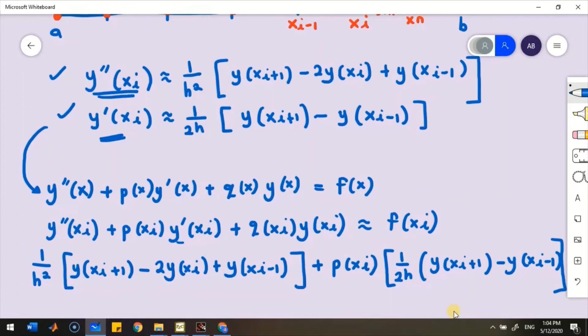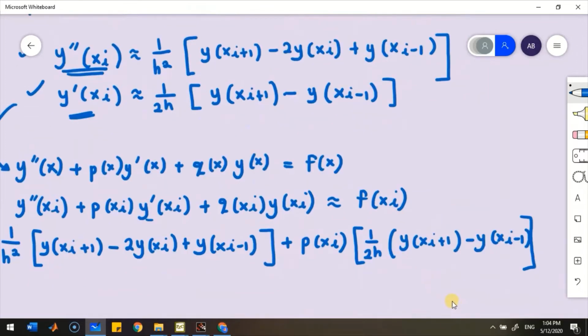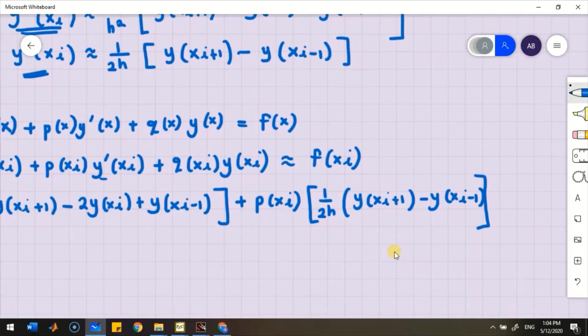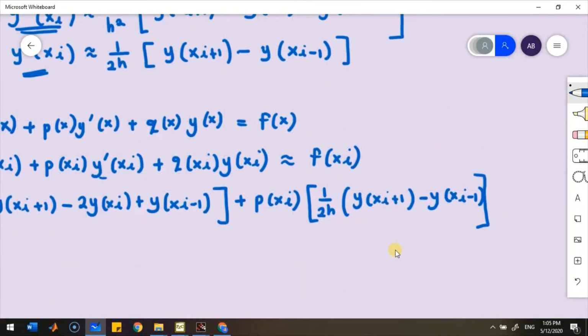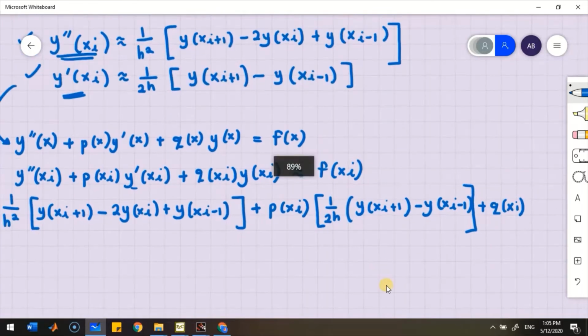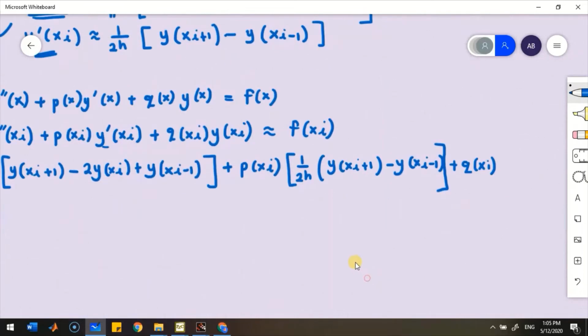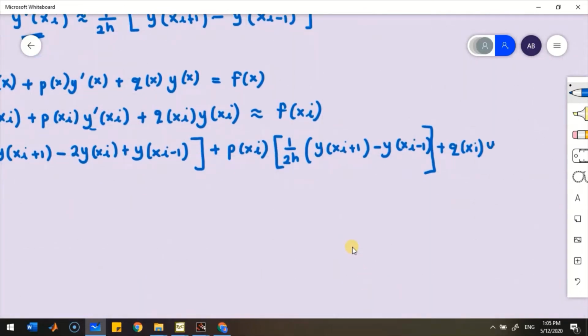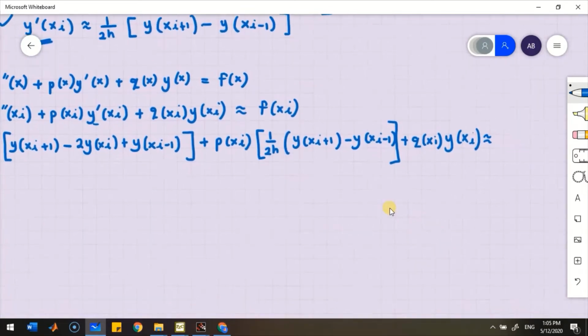It's going to be long. Plus q xi y at xi equals your function f of xi.